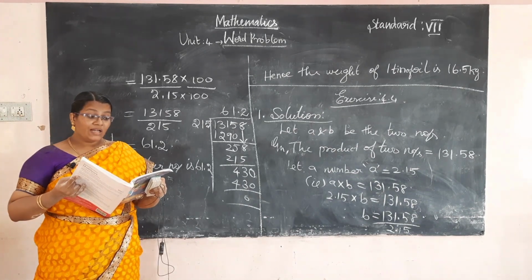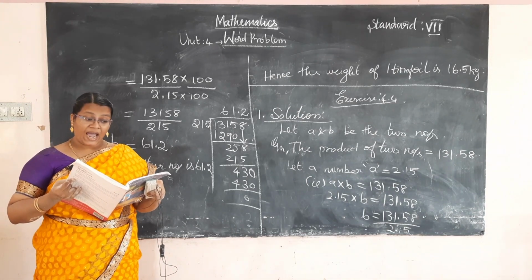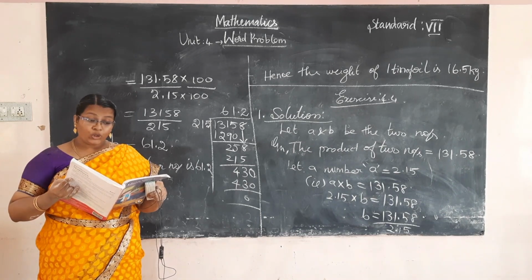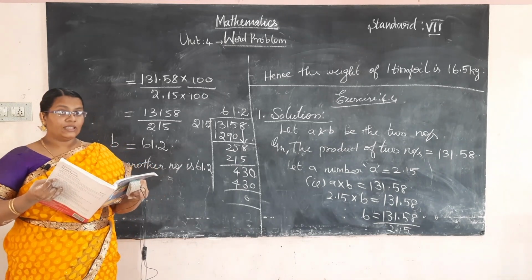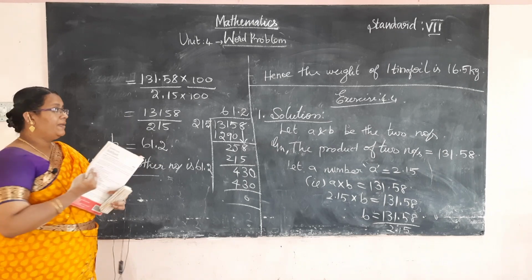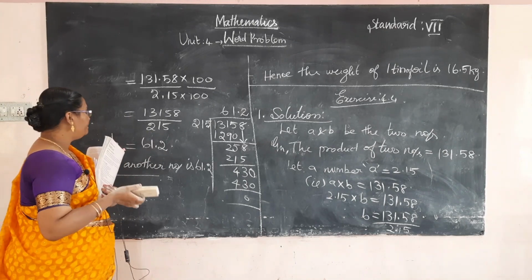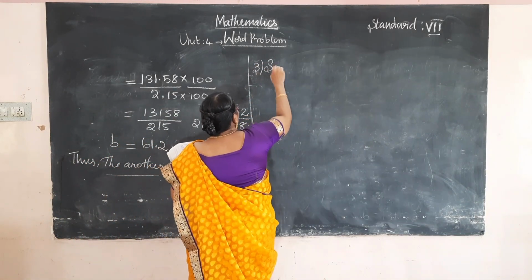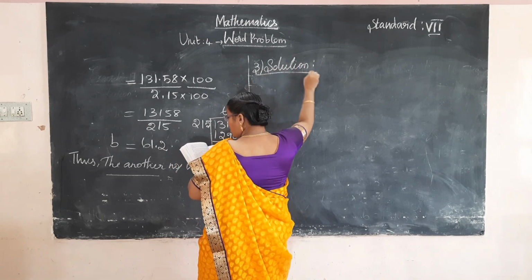So what is given? A pile of books is 54.4 centimeter height. Each book is 3.2 centimeter thickness. How many books are there in the pile? That is our question. Third one, solution.